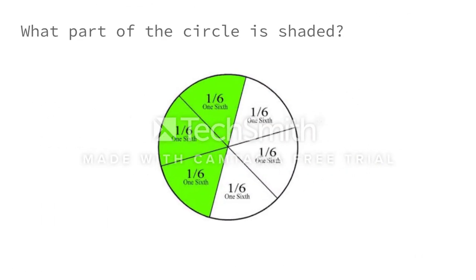Now, let's explore. Here you see an area model that is broken into 6 equal parts. Each part is called a sixth because each part is one of 6 slices. So, you can see in this model, you have 1/6 and 1/6 and 1/6 shaded.